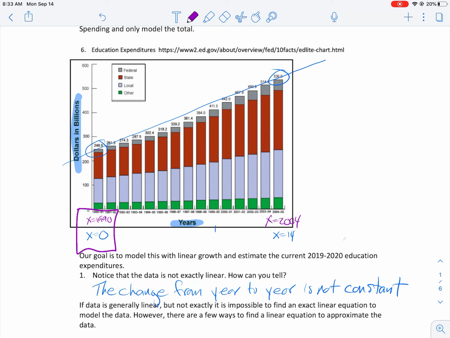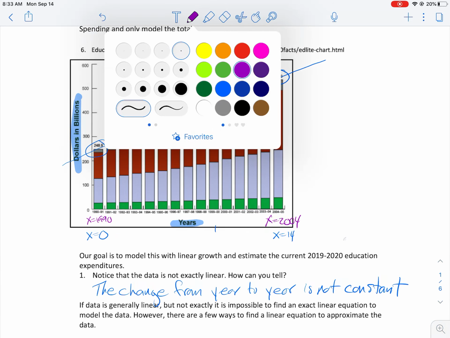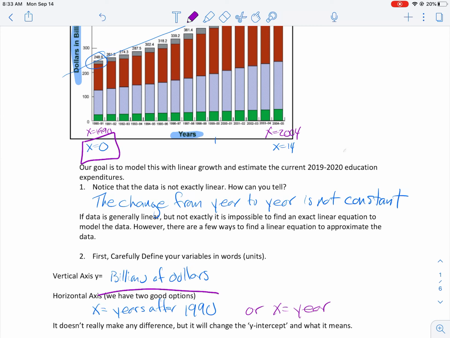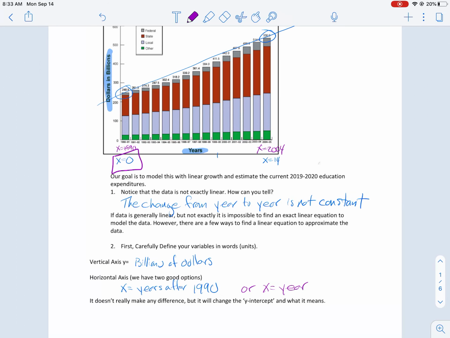You can either pick x equals the years, so the first one would be x equals 1990 and the last one would be x equals 2004, or you can decide to pick smaller numbers and let x equals 0 be your start, and your start is years after 1990, for example, all right? So you can decide whatever you want the x value to be. So that first point, either x is 1990 or x is 0. There are options you can have for that.